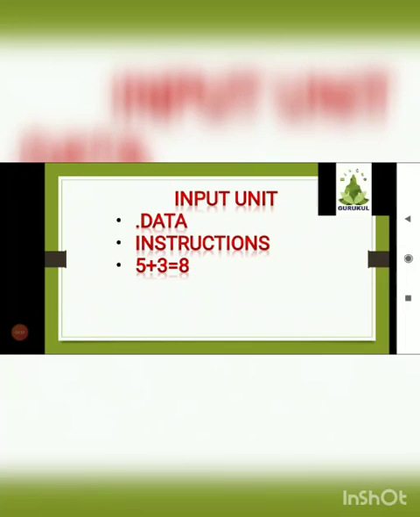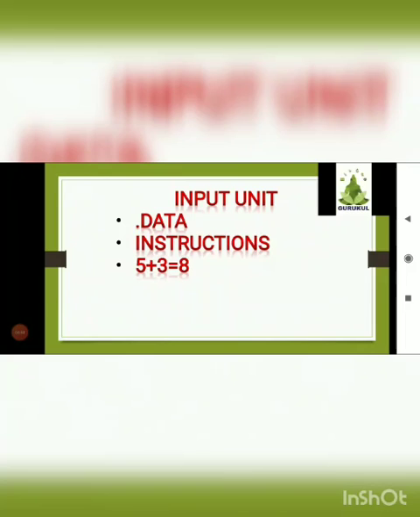So input unit accepts the human data and gives it to the CPU. Sometimes whatever the numbers or letters we are giving to the computer system, the computer doesn't understand, because computer has its own language. We use our own language to communicate with the computer, but the computer doesn't understand our language.